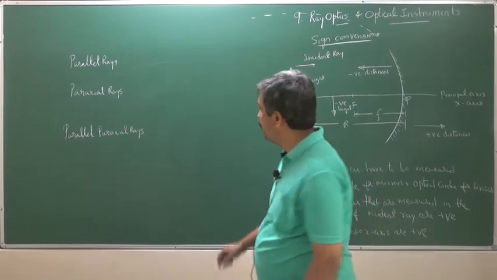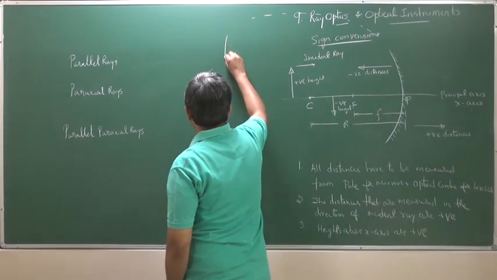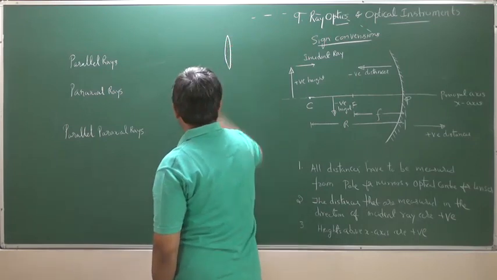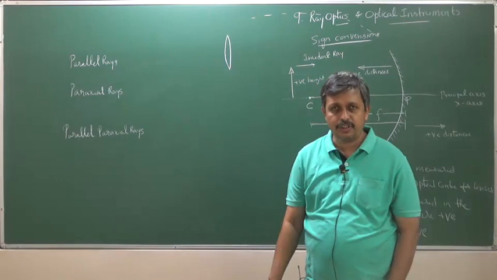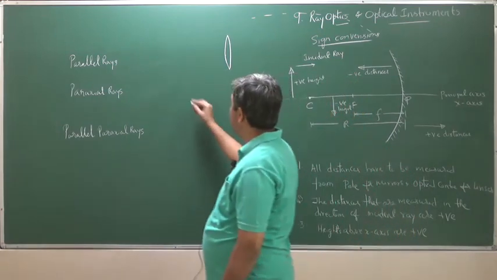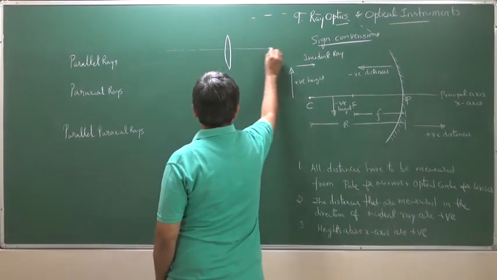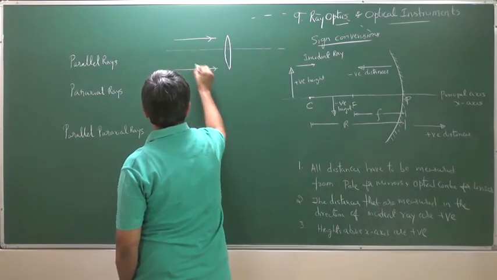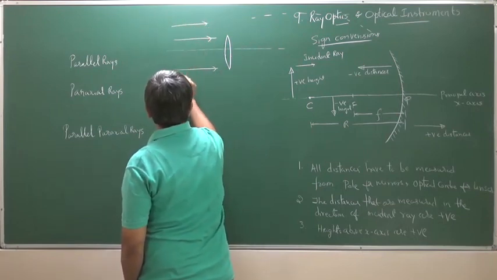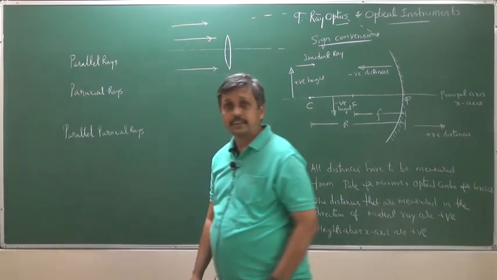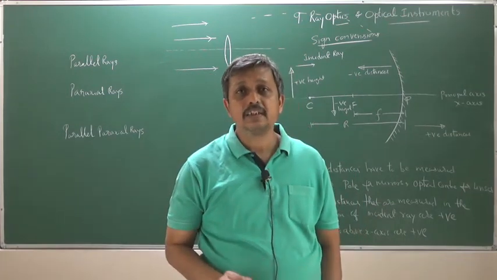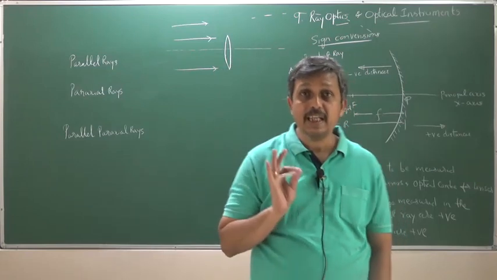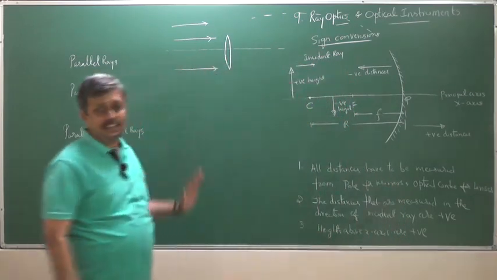Okay. So first of all, when you have a lens or a mirror, I'll write here a lens in this case, or a mirror also you can write. In this case, this is my principal axis. If I get any ray parallel to the principal axis, those are rays parallel to the principal axis. However, these rays are parallel to each other.